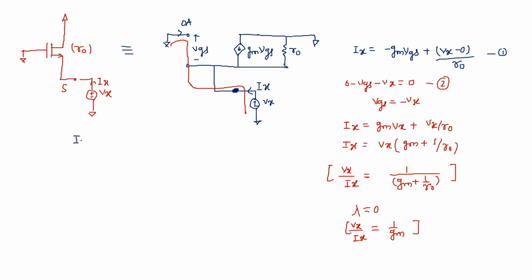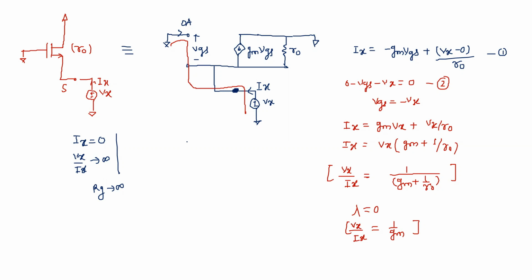So whatever test source we apply from the gate side, we'll get Ix always 0. That's why this Vx by Ix is infinite from the side of gate. So Rg is always infinite. So I calculated here from the side of source and drain, and it is infinite from the side of gate.